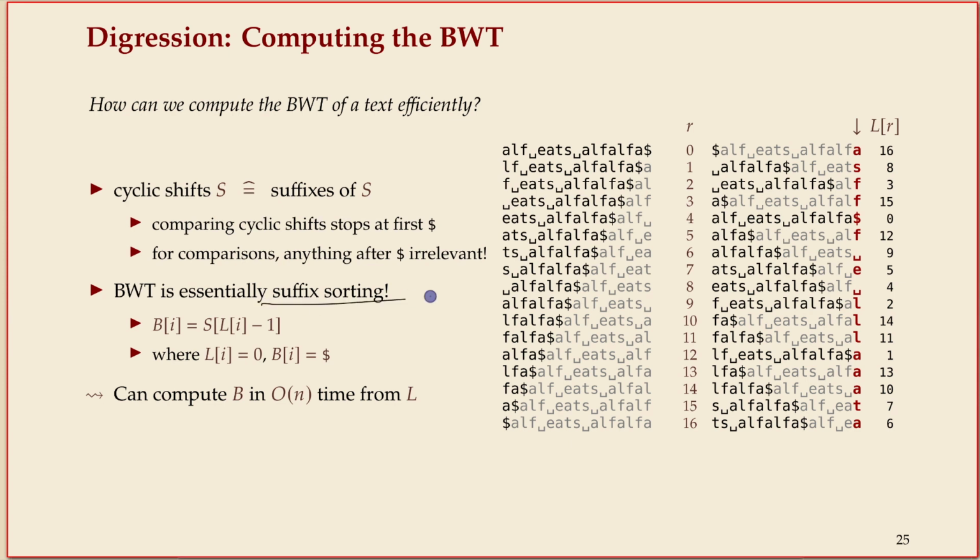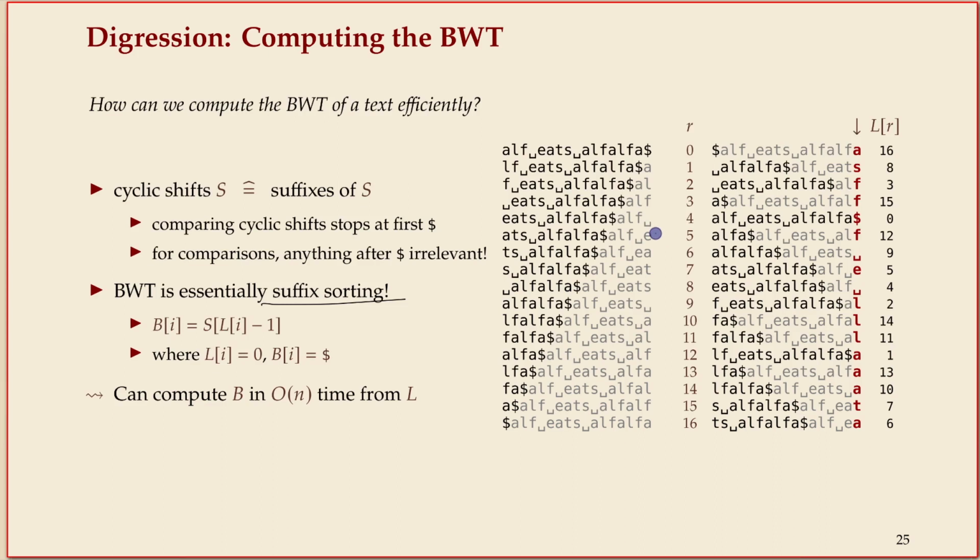And so if we have all the suffixes sorted, how do we get the BWT? The formal connection is here. I can take the position that is in the corresponding entry of the suffix array, and now I want, instead of the starting index, the letter that is wrapped around and in the last column.